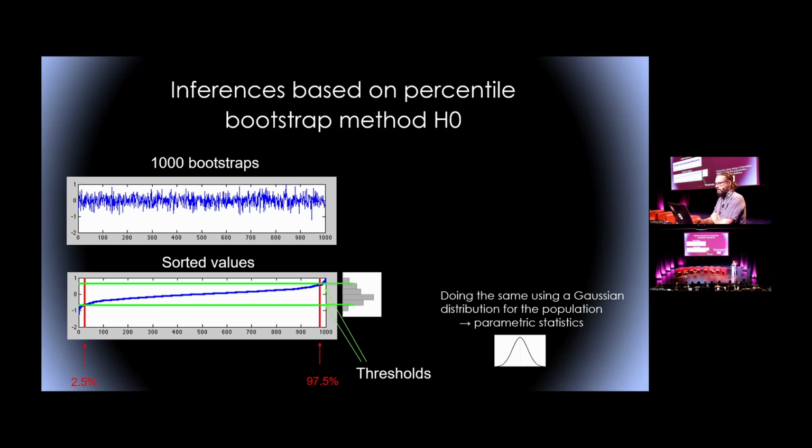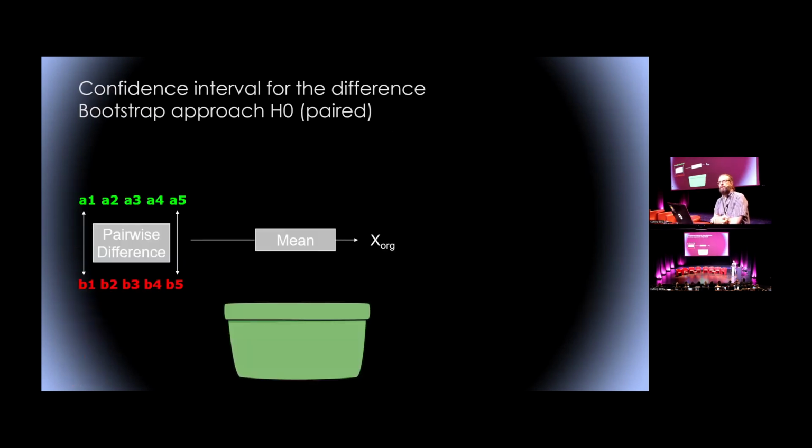What about paired values? So instead of having 2 groups of subjects, we might have ERP for condition 1 and ERP for condition 2 in each of the subjects. So this is, for example, ERP for condition 1 in subject 1, ERP for condition 2 in subject 2, etc. Well, in that case, what we do is that we subtract these values, and we're going to bootstrap this distribution.